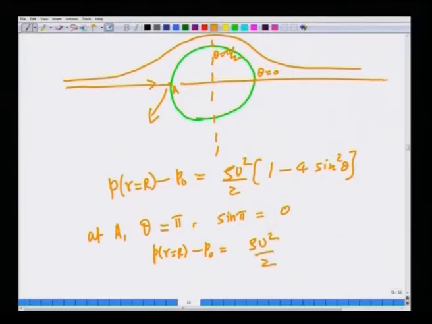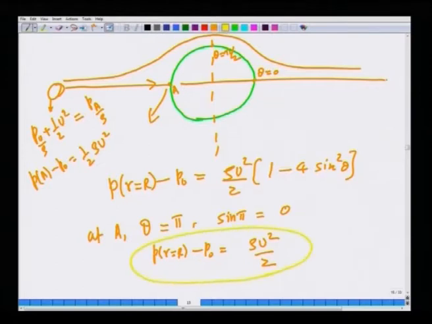All the kinetic energy head that was here. Far away, if you use the Bernoulli equation, the pressure is P naught by rho plus half u squared, and that must be equal to the pressure at the stagnation point, which is P at the point A by rho plus 0, because there is no velocity. So, clearly P at the point A minus P naught is half rho u squared. This is purely from the Bernoulli equation, and that exactly agrees with the potential flow solution. So, the pressure is maximum here.